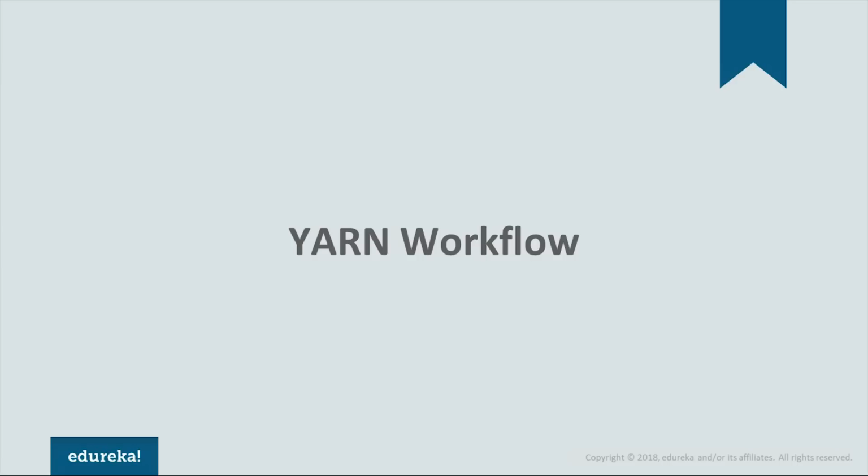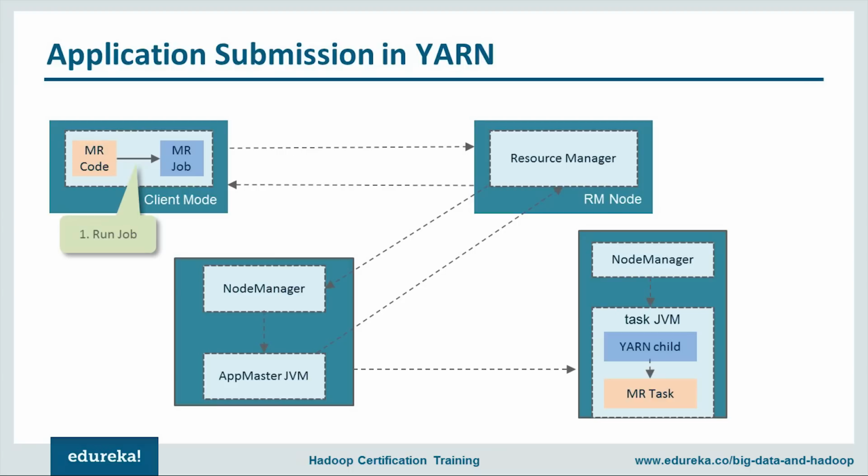Now let's see the Yarn workflow in order to understand things better. Here is the client, and this client wants to run a job. In this example, I'm considering a MapReduce job, so the MapReduce code is first written as a MapReduce job, and then the client wants to run this particular job. He submits the job to the resource manager and asks it to execute it. The resource manager gets back to the client with an application ID for his job.